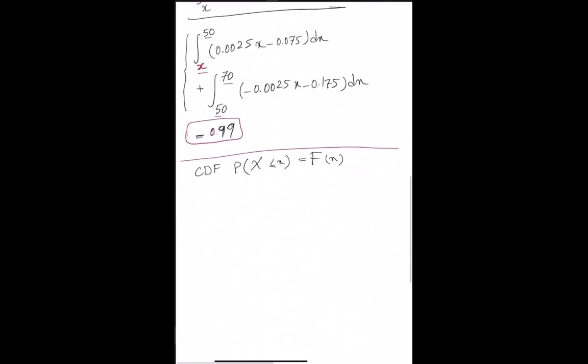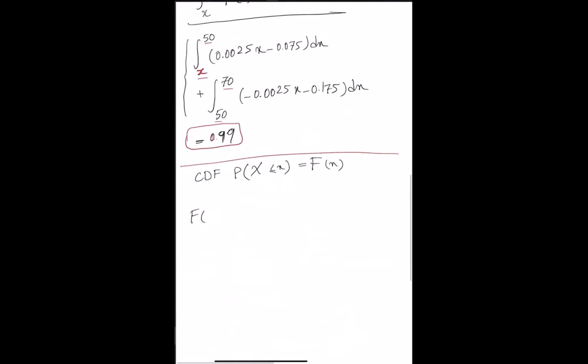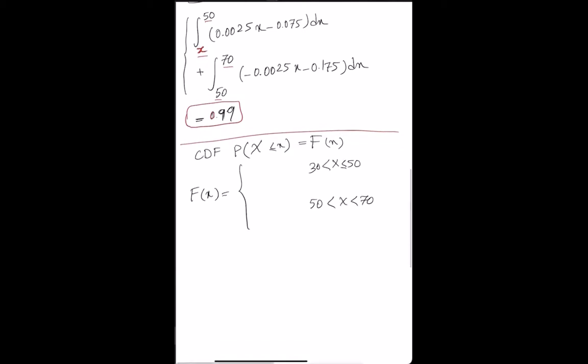So I will have one function for the scenario where x is between 30 to 50, and I'm going to have another one for the scenario when x is between 50 to 70. Okay, so let's calculate that.